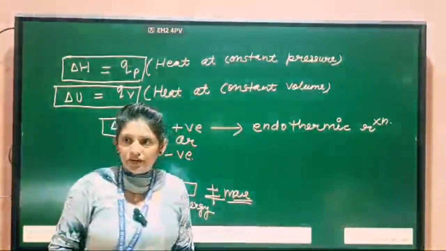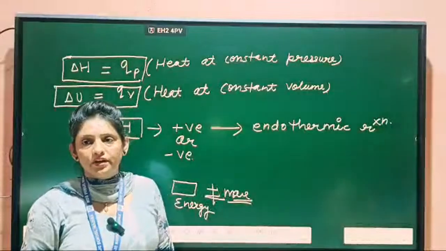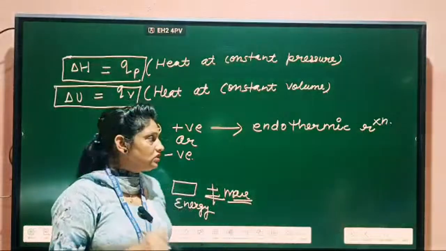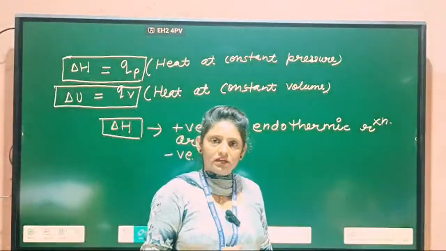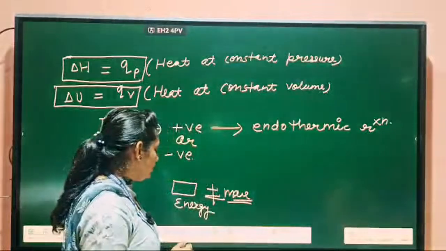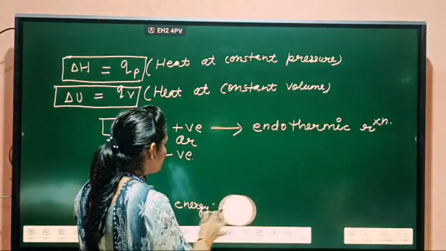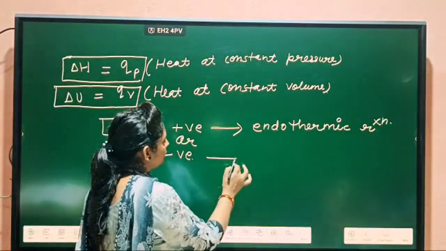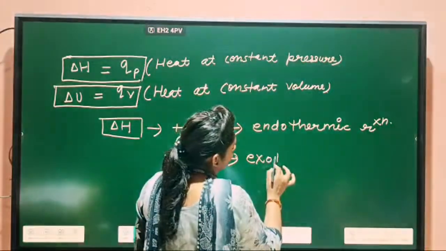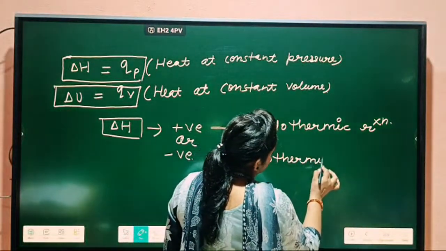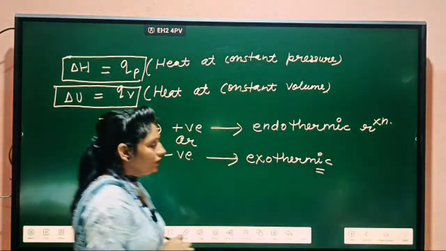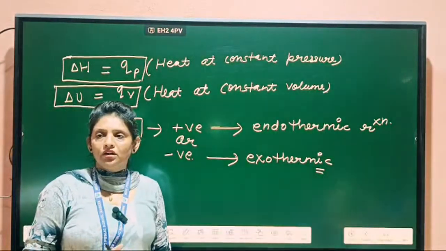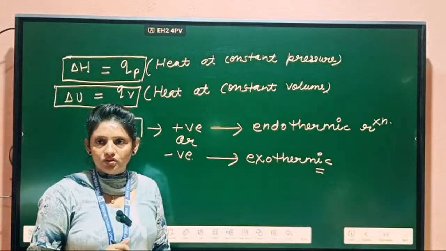Then total energy is going to increase. If heat is absorbed by the system, then it is known as endothermic. And if heat is produced, then it is known as exothermic. So for exothermic, it will be negative, and for endothermic, it will be positive. It is clear to you or not?